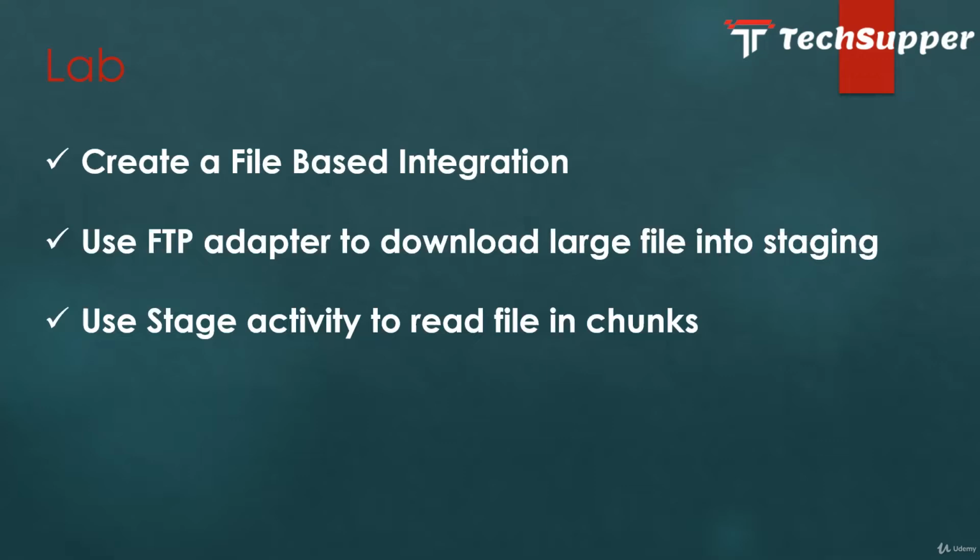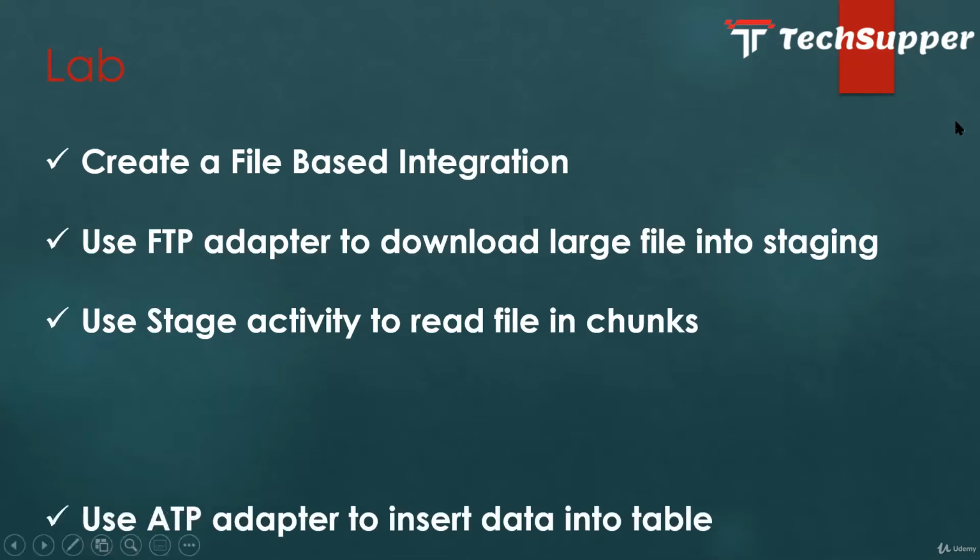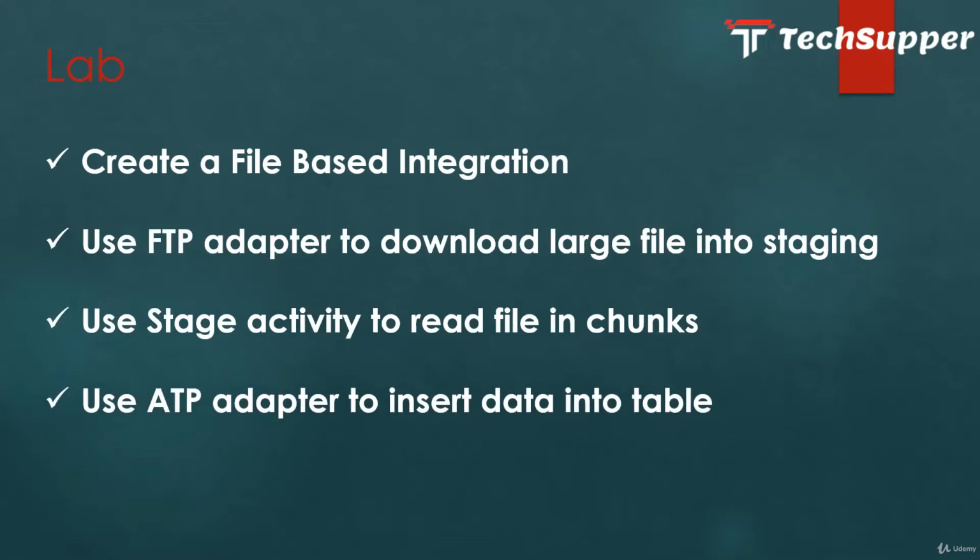If the file on the staging location is again more than 10 MB, you cannot read the entire file directly. You have to use another operation like read file in chunks, which I'm going to showcase, and then we will use the ATP adapter to insert data into a table. So let's get started and jump to Oracle Integration Cloud to show this lab.